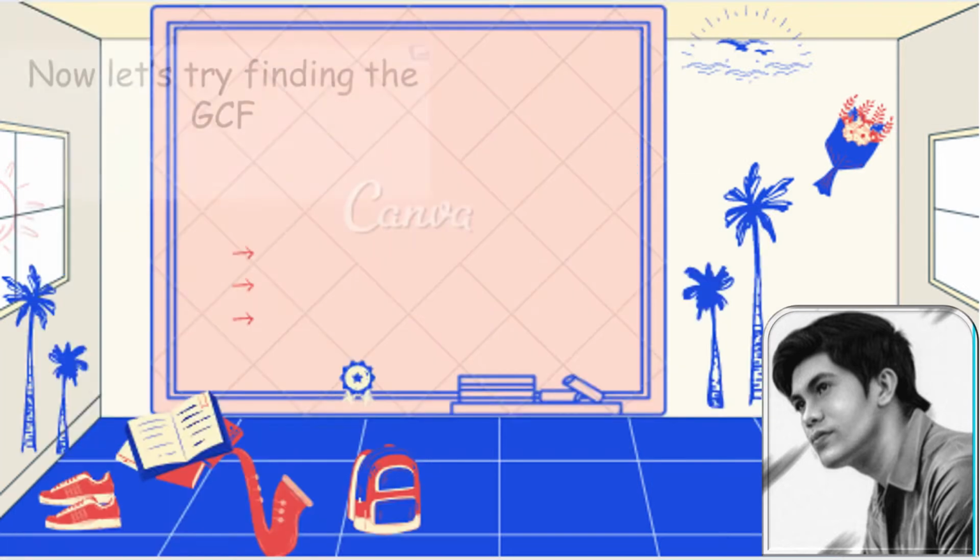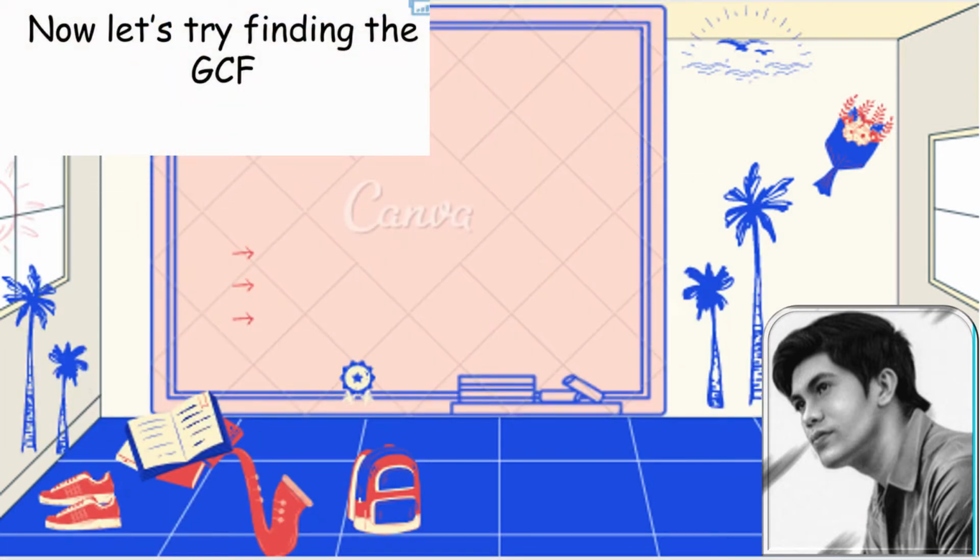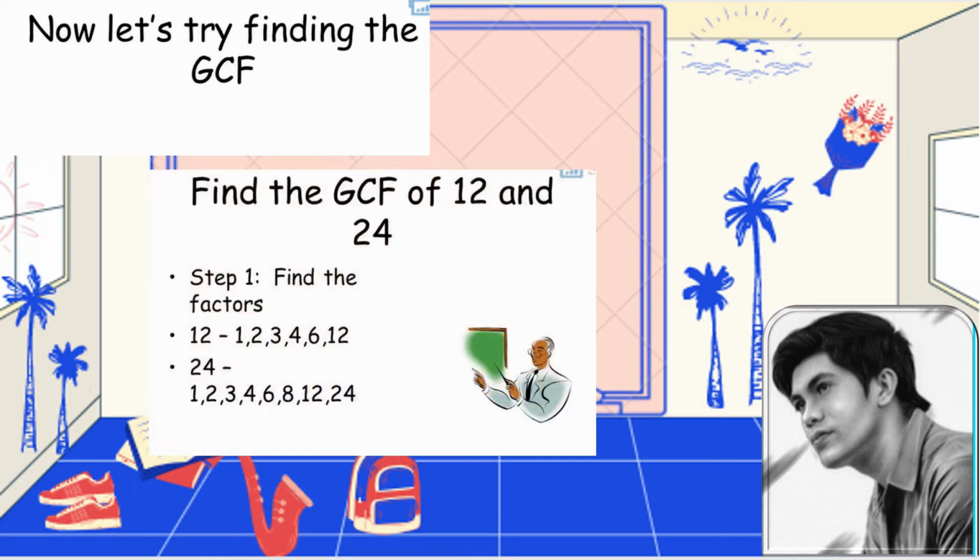Now, let's try finding the GCF using the listing method. Find the GCF of 12 and 24. Step 1 again, find the factors. The factors of 12 are 1, 2, 3, 4, 6, 12. And the factors of 24 are 1, 2, 3, 4, 6, 8, 12, 24.